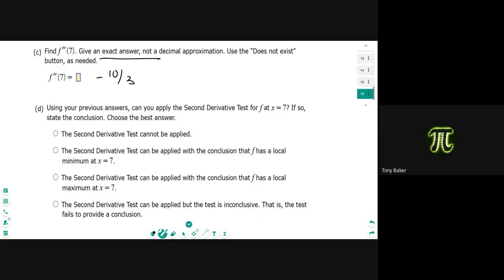All right, using your previous answers, can you apply the second derivative test for f at x equals 7? Yes. So you can't plug it in. If you plug it into the graphing calculator, it's going to give it to you as a decimal. If you plug it into the scientific calculator, you can get it as a fraction if it's a simple fraction.